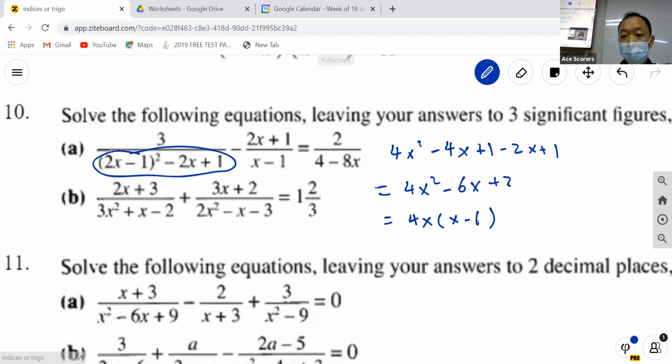Plus 2. Okay, so once we get this, we can factorize again, take out 2. 2x squared minus 3x plus 1. And we can factorize this again.